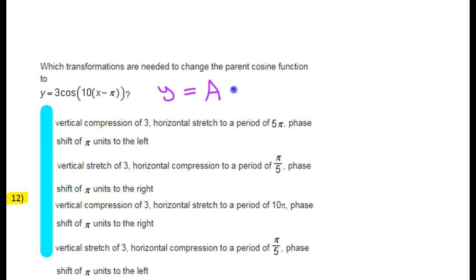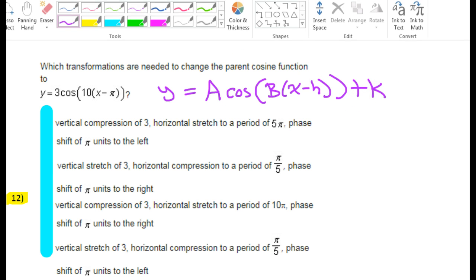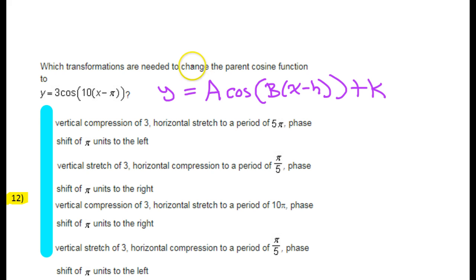Y equals A cosine B, x minus h, plus k. Okay, here's the general form of a cosine function with all kinds of transformations going on. So here's what you need to know. This number in the front is going to be a vertical stretch.